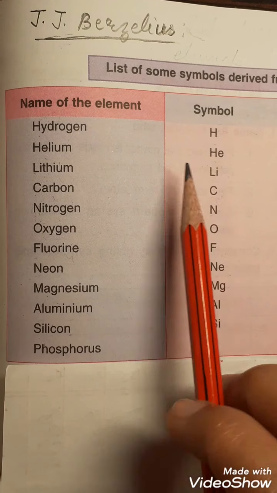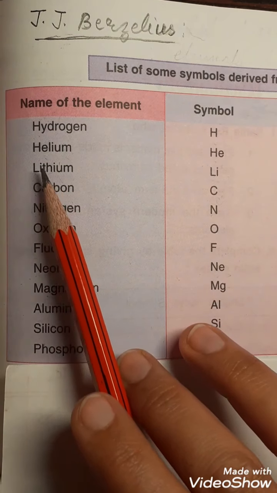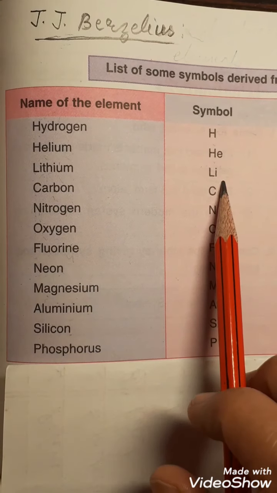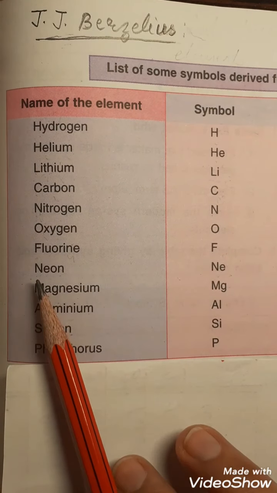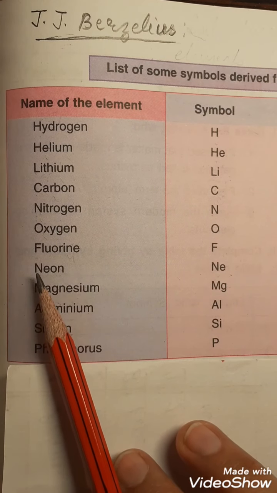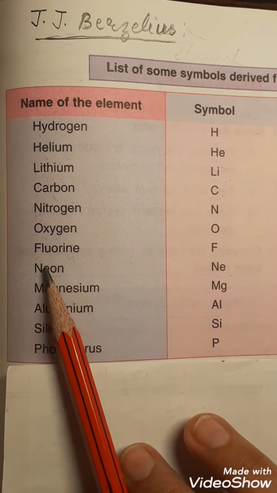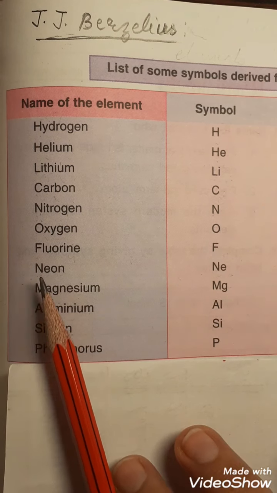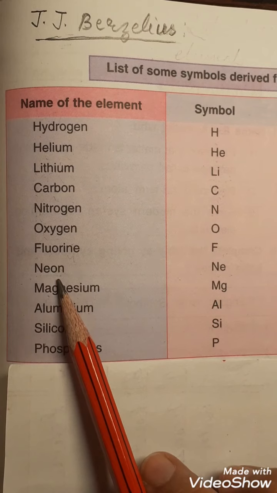He goes for the helium element. Next, lithium, the first two, L and I. Lithium symbol is Li. Then we have neon. First letter N is for the nitrogen. So we can't take N for neon. So we'll take first two, N and E. So Ne is for the neon.